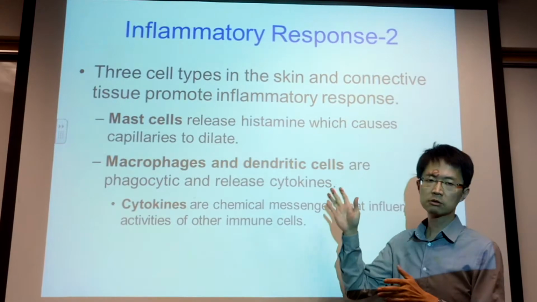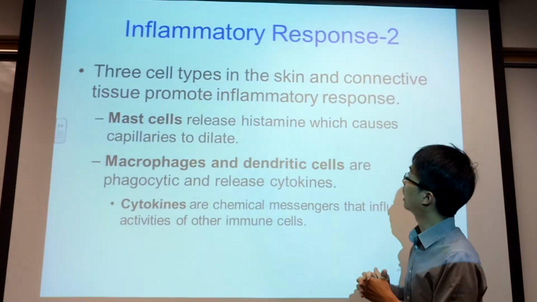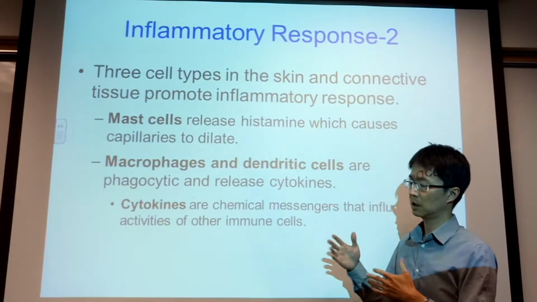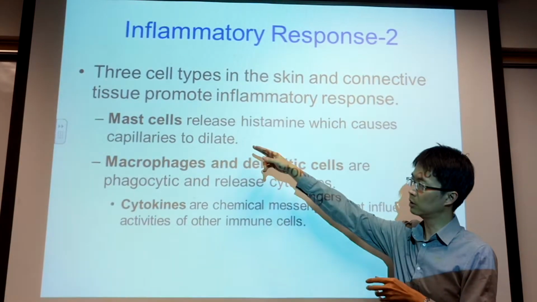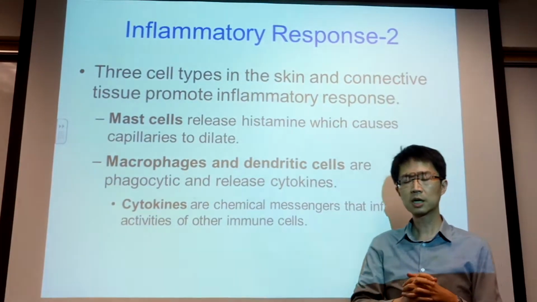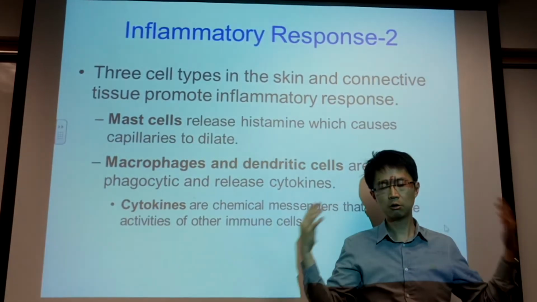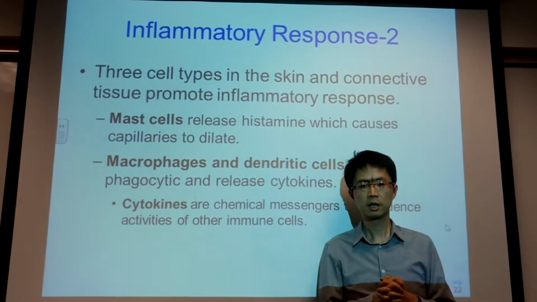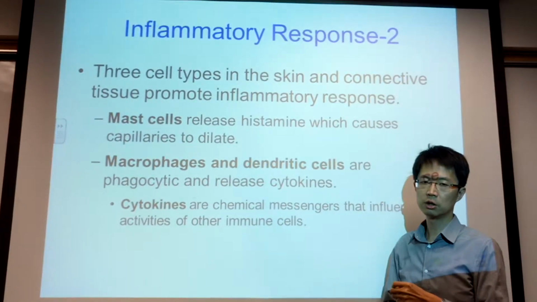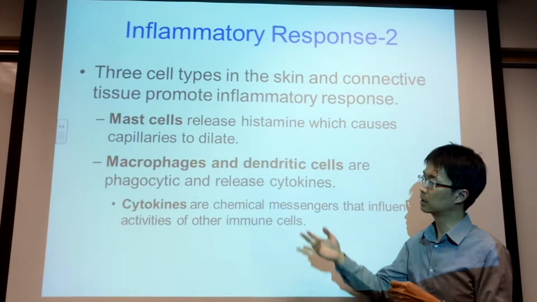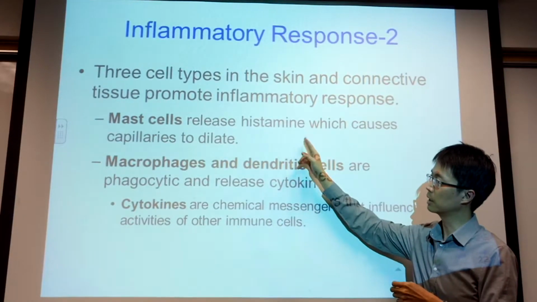Okay, we ended the last video with inflammation. There are three cell types that can cause the inflammatory responses. The first one is the mast cell. You can find mast cells basically all over your body, everywhere. When you have damage to your skin, an opening on the skin, the mast cell will secrete histamine.